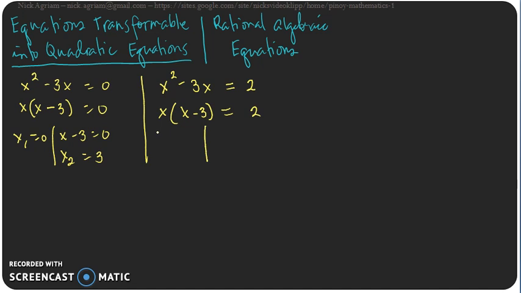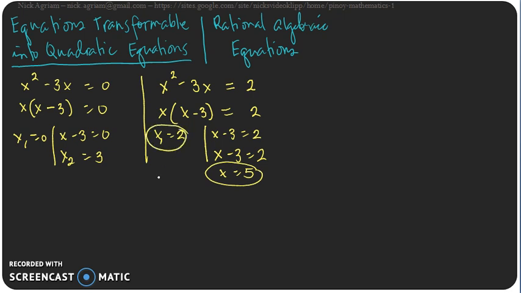Then they separate it, x is equal to 2, then they will have x sub 1, and then the other one will be x minus 3 is equal to 2. And then we have plus 3, then x is equal to 5.